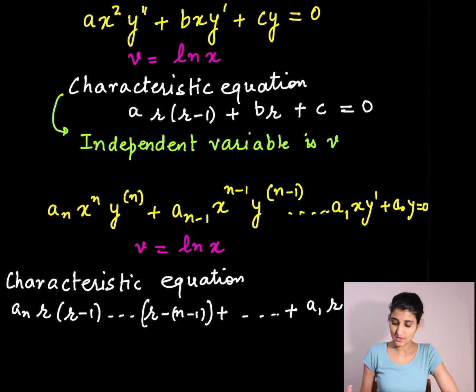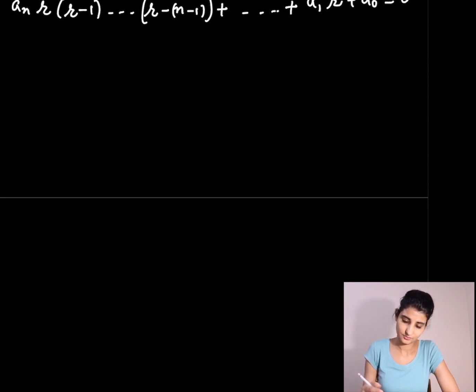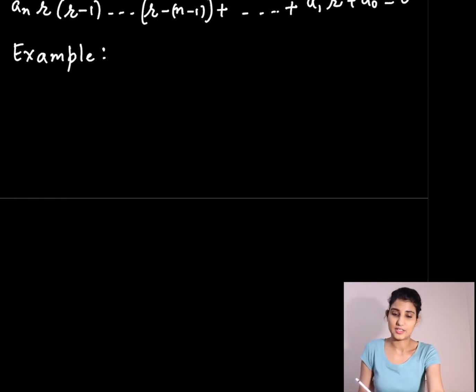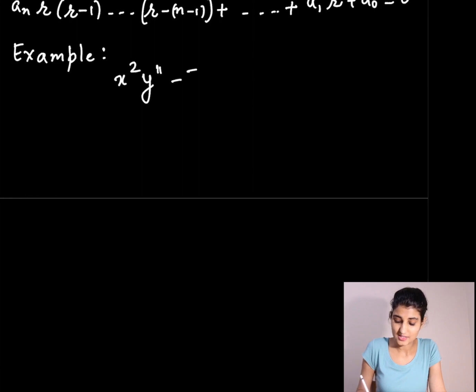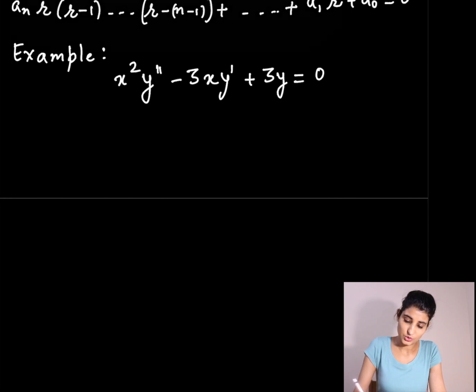Let's see an example of how easy these Euler equations are. Our first example is x square y double prime minus 3x y prime plus 3y equal to 0. Let's work on this example.